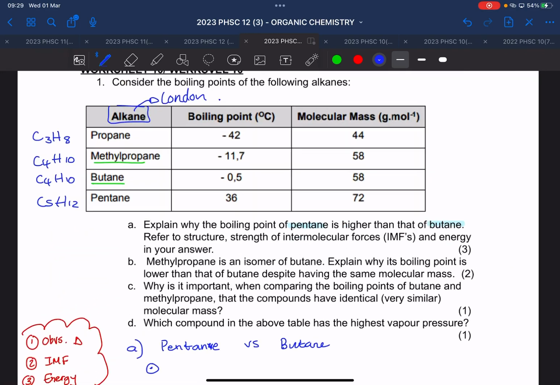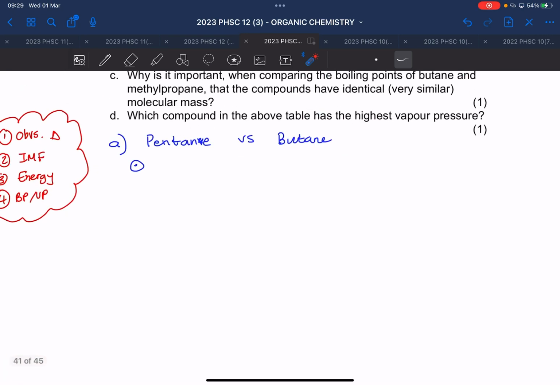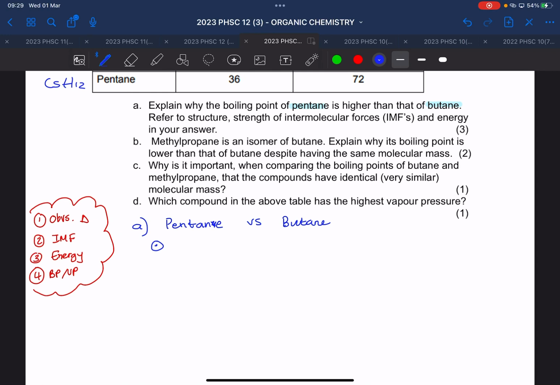You can either look at what we have written down or what they gave you. Alright, so now we look at the chain length. We can say pentane is a longer chain, or you can say pentane has a bigger mass, or you can say the surface area is bigger. Alright, so I want you to please do this question for homework.